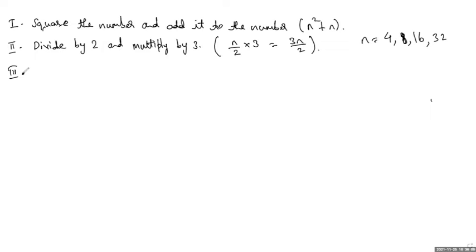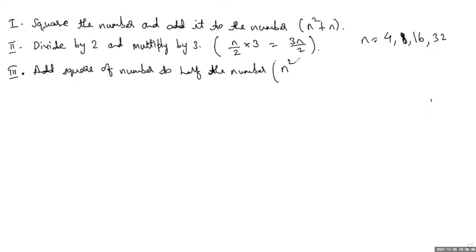Rule number 3 is add square of number to half of the number. First you should square the number and add it to half the number.